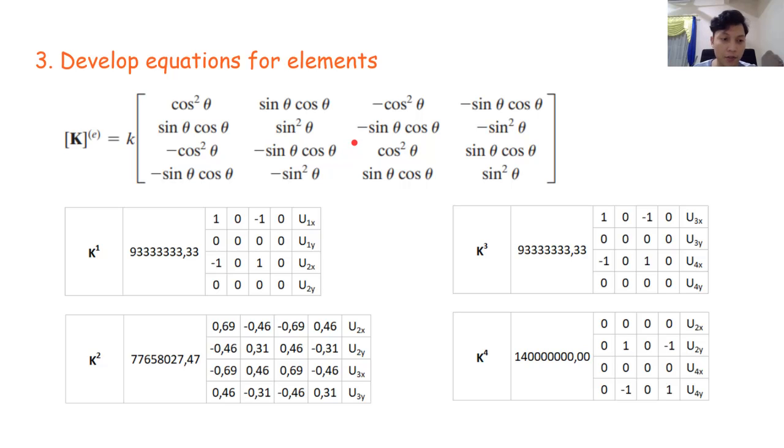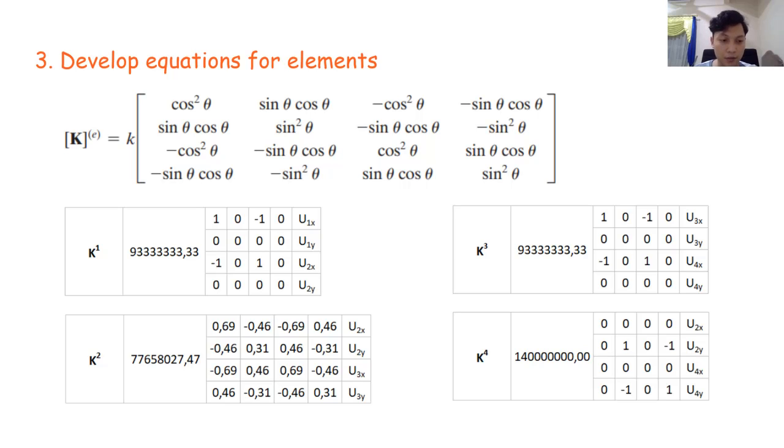To consider the stiffness constant of element 1, we input the angle value of element 1, which is 0 degrees, like this. And then likewise with the other elements.